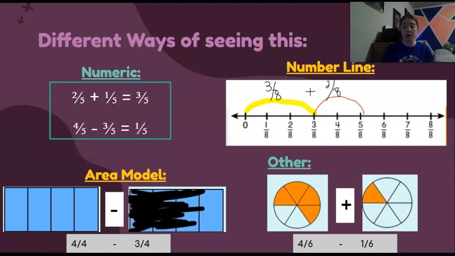We can see an area model, which is the boxes. And then we have another one, a circle, which is very common. We have different ways of seeing these fractions, and we have to recognize them when we have different problems adding and subtracting fractions.